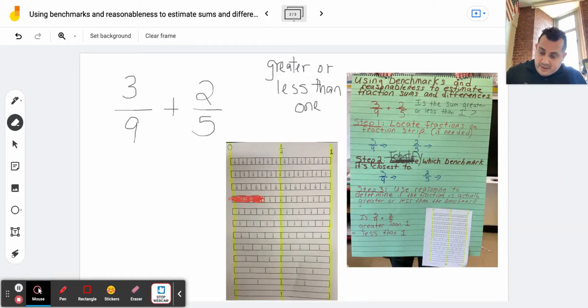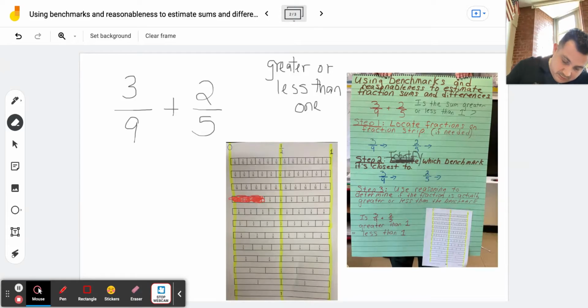So you'll see right here that 3/9 is far away from 1. It's in between 0 and a half, and it is closest to 1/2. So what we're going to say is 3/9 is closest to 1/2.